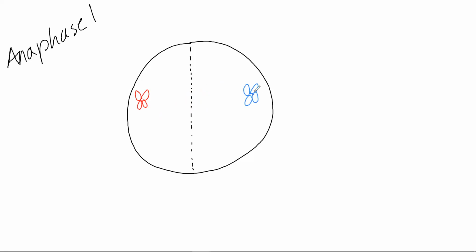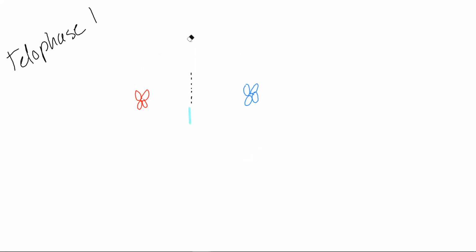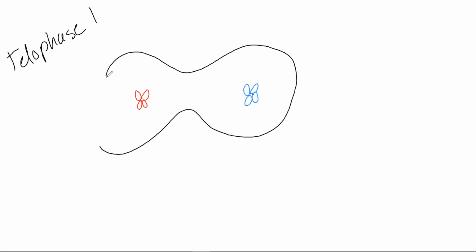And next thing we need to do is telophase 1. In telophase 1, same thing that happens in normal telophase. Right? Your cell membrane starts to do this. Notice they are beginning to separate, right?